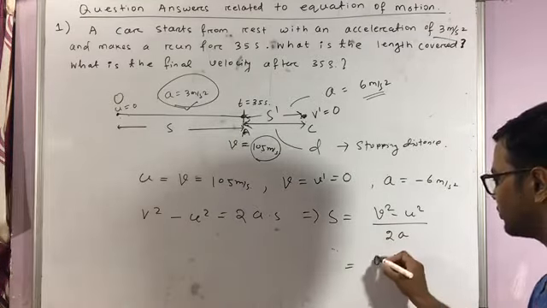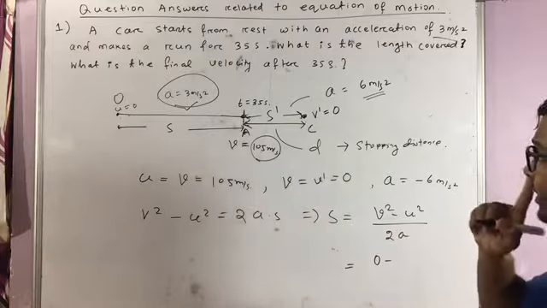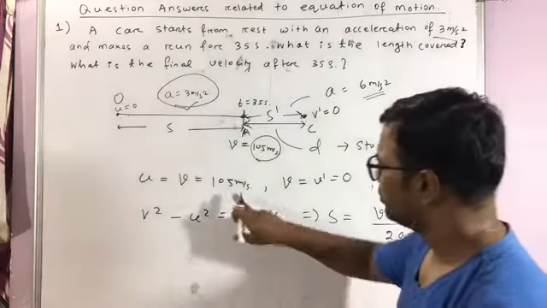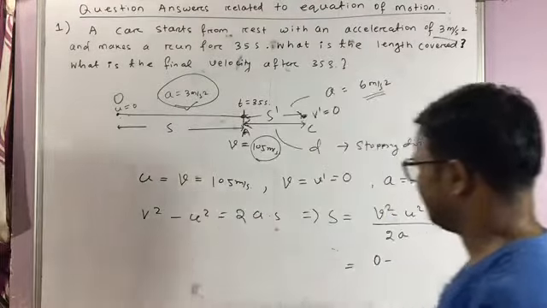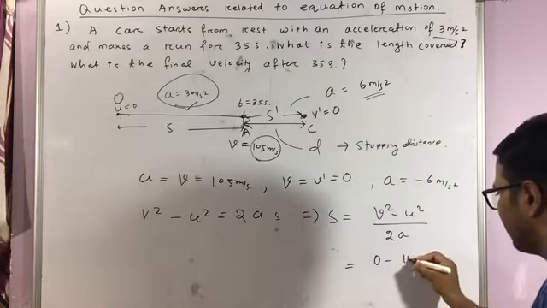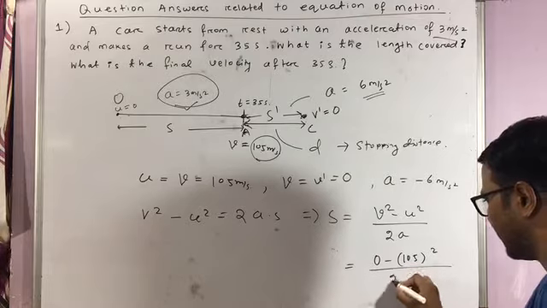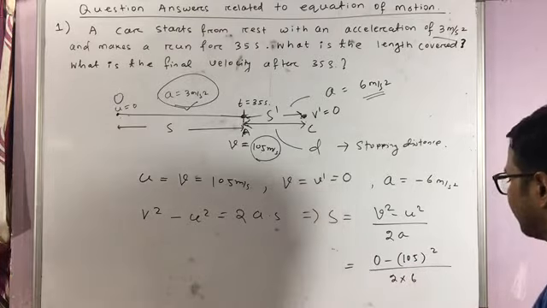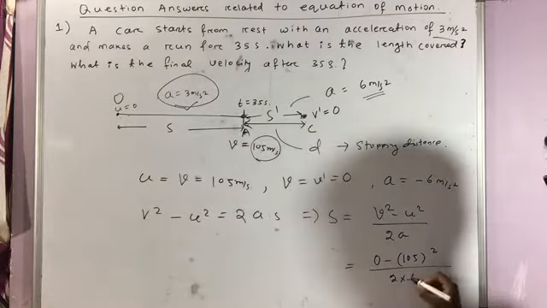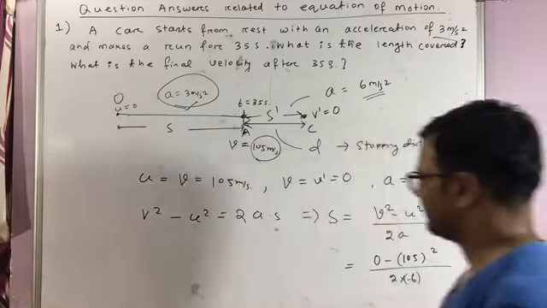So 0 minus u square. u is 105. So 105 square divided by 2 into 6. Since a is negative, you take minus in this case.